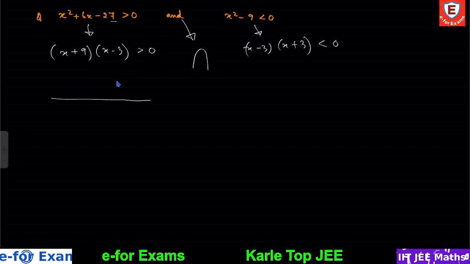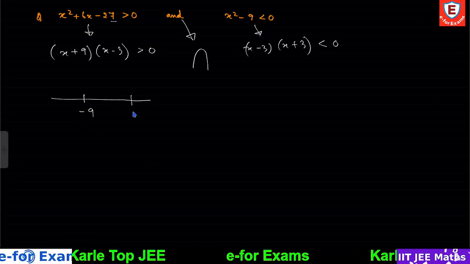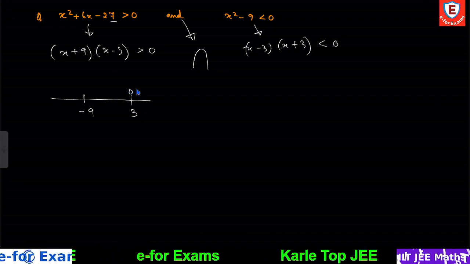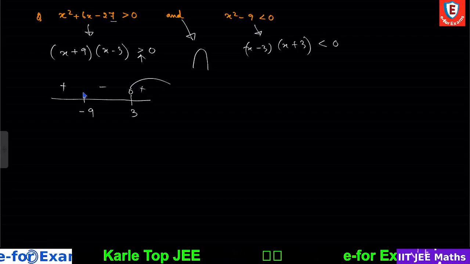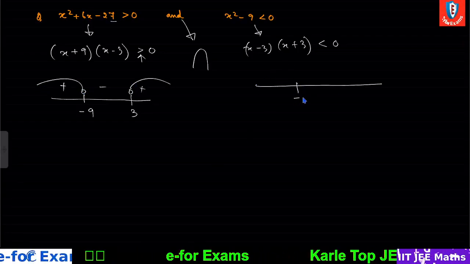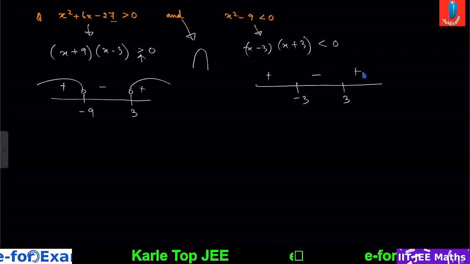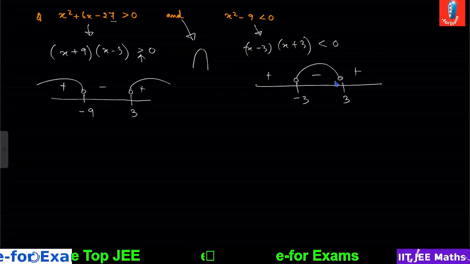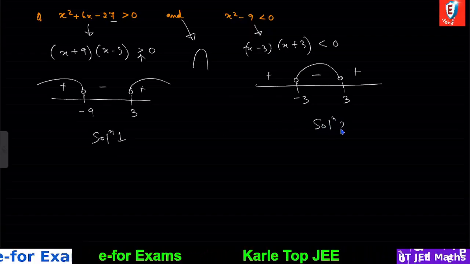From here we get minus 9 and 3. Hollow circles, greater than, so plus, minus, plus. This is solution 1. From the other, minus 3 and 3 less than 0, plus, minus, plus. This is solution 2.